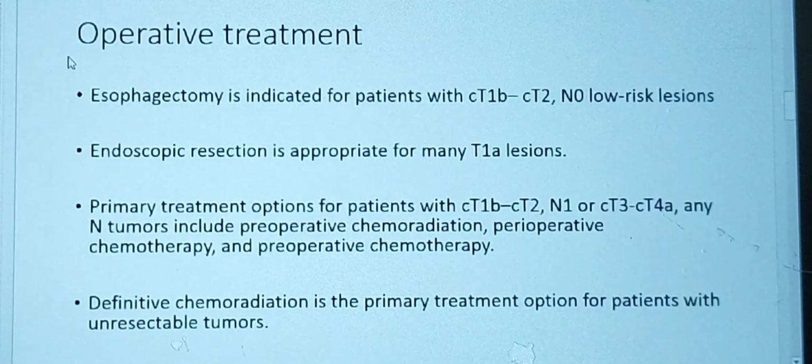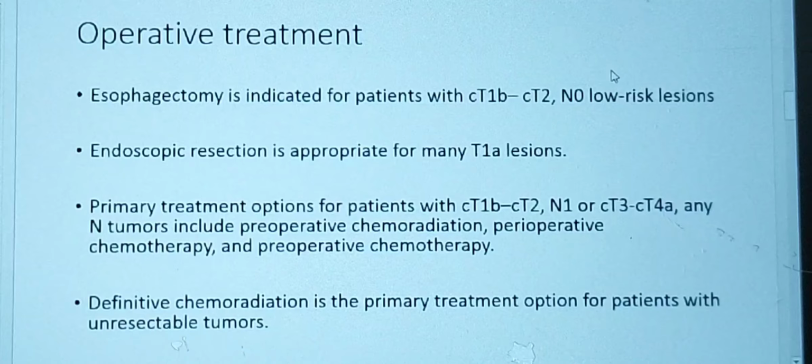For esophageal carcinoma that is deemed resectable, if they are indicated for esophagectomy, these patients are usually cT1 to cT2, and if it involves some lymph nodes, then the patient might need some preoperative chemotherapy.